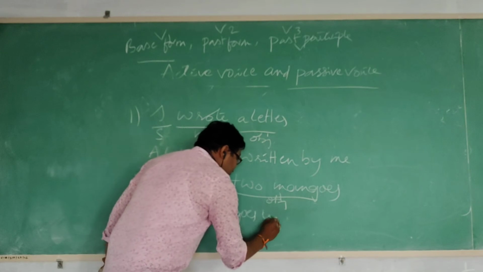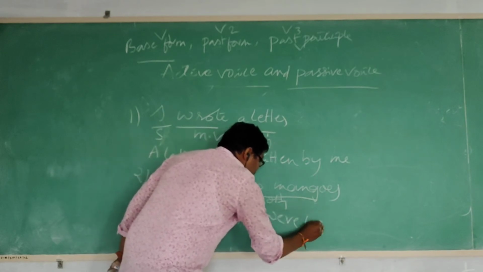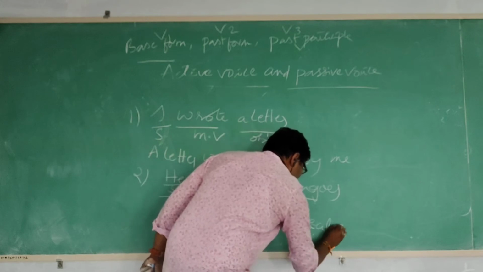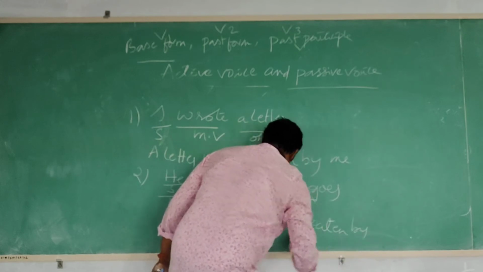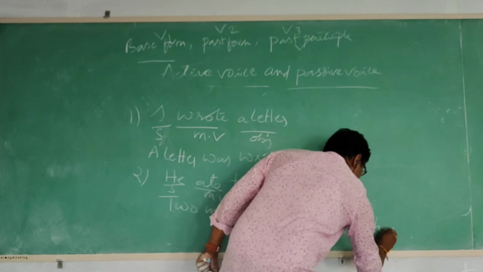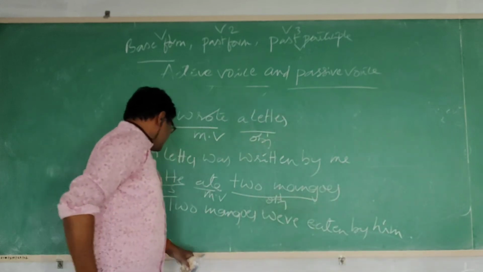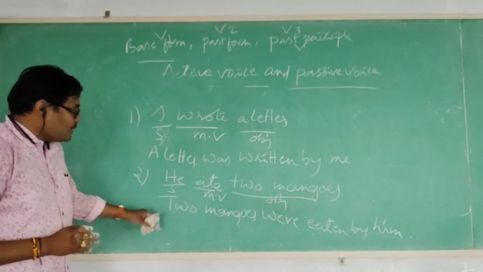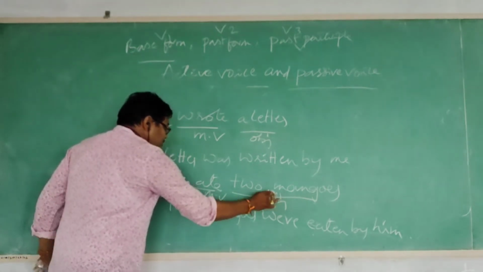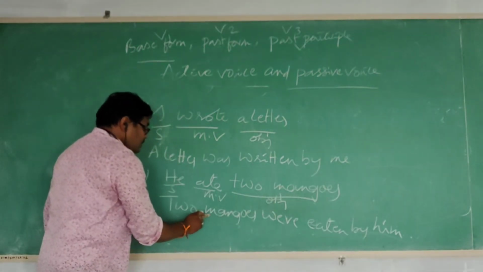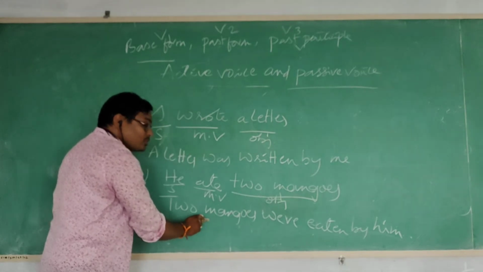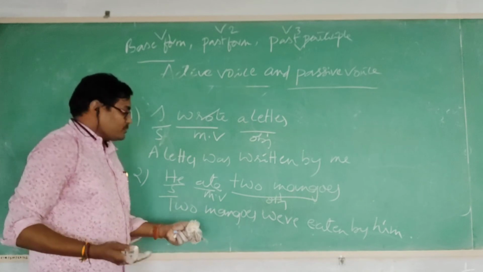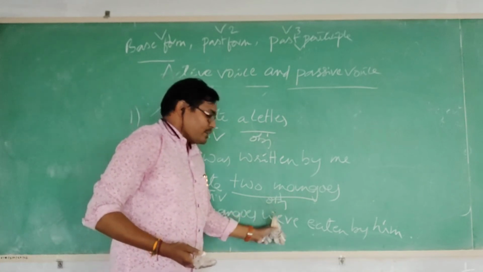Here, 2 mangoes were eaten by him. Okay, 2 mangoes were eaten by him. Here, since this is plural, 2 mangoes means its number is 2, that's why we have to write were.